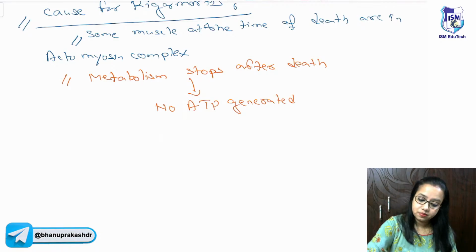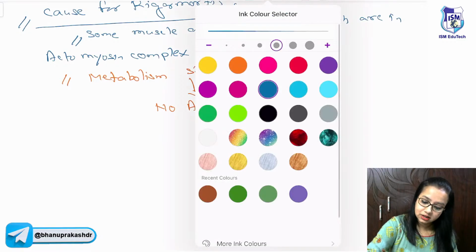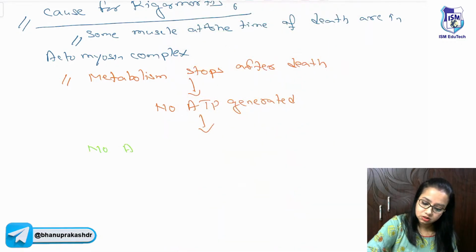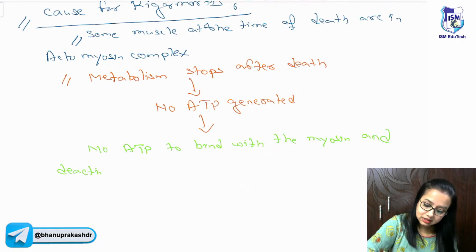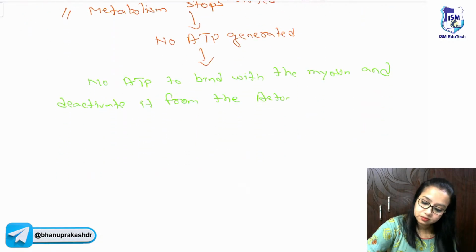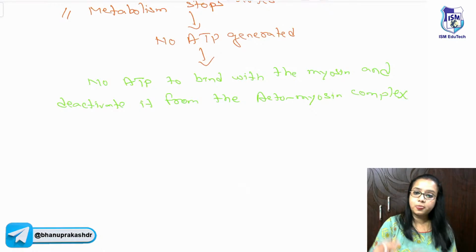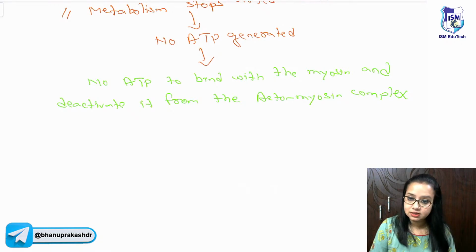So there is no ATP to bind with the myosin and deactivate it from the actomyosin complex.